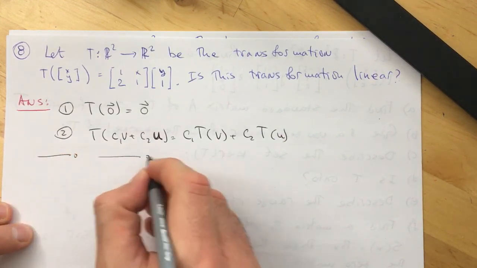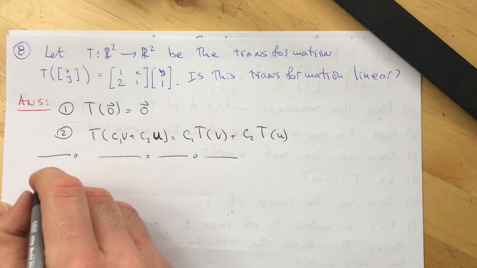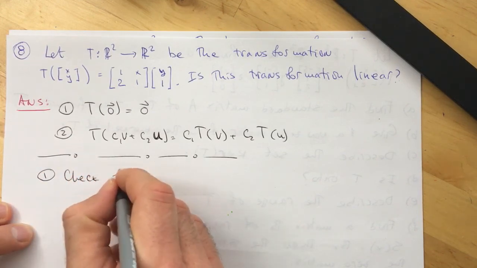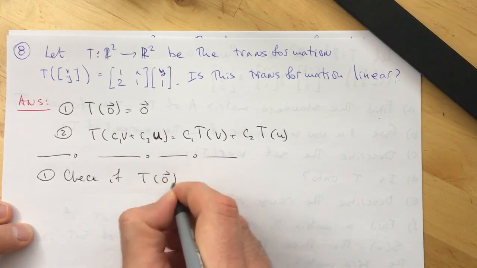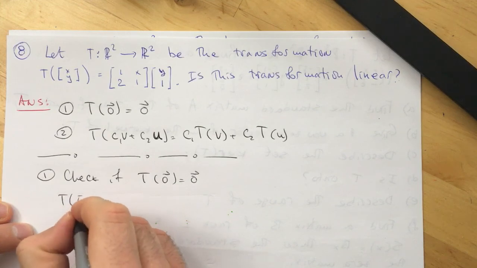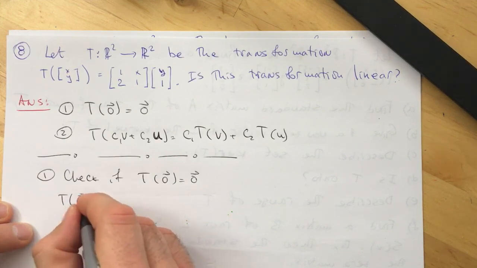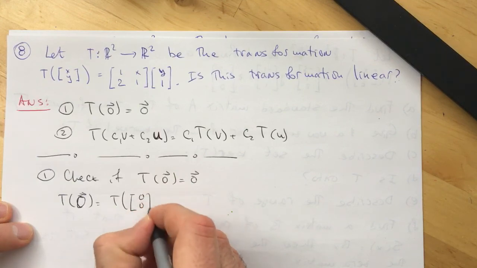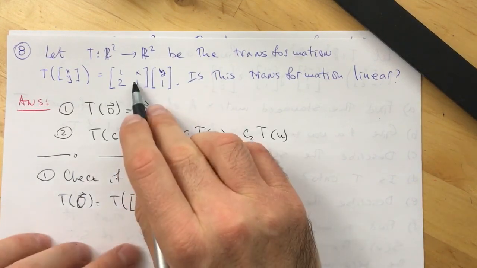Okay, so let's start with the first one. So we check if T of 0 is equal to the 0 vector. Okay, so T of the 0 vector is just the vector with entries (0, 0). Now we follow this formula.